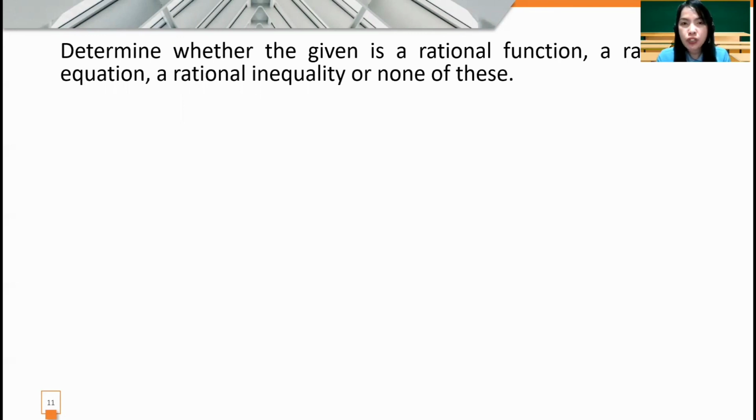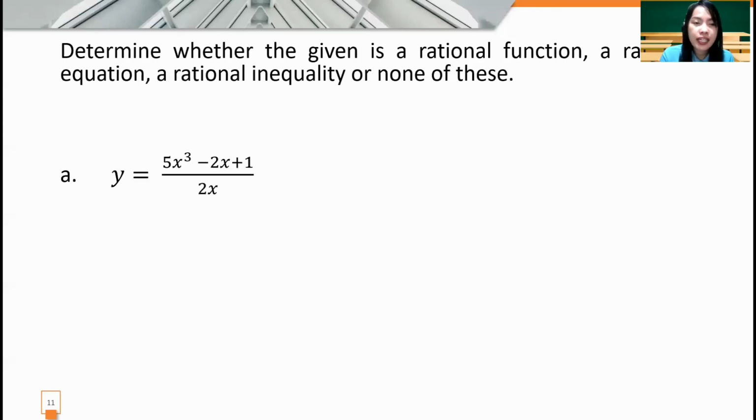Kapag rational equation naman, meron dapat rational expression, isa lang dapat ang variable, at meron dapat equal sign. Kapag rational inequality naman, dapat merong rational expression, merong isang variable, at meron dapat isang inequality symbols.